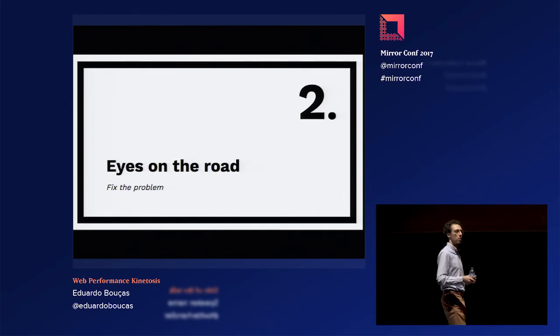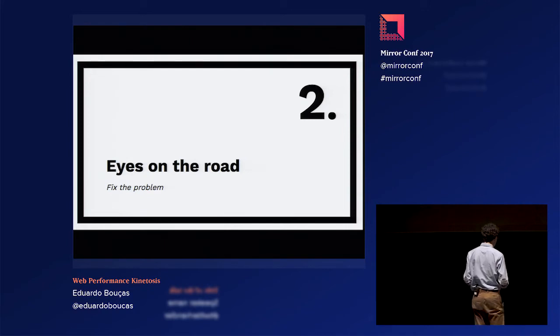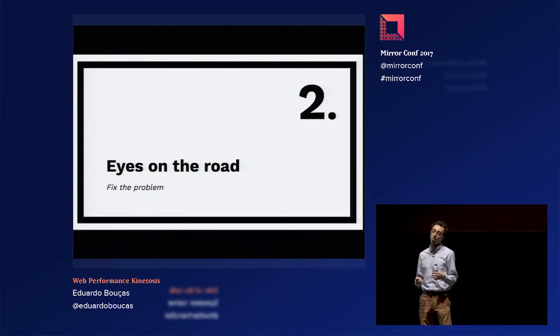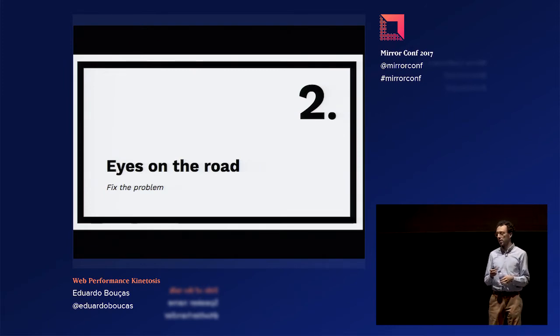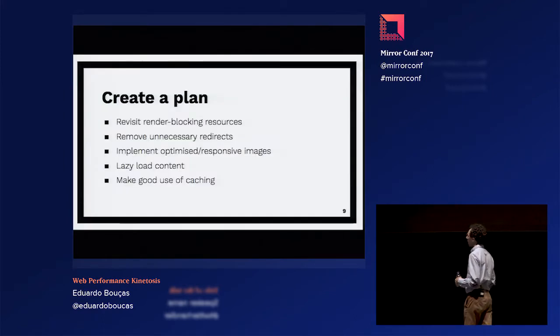Let's fix our issues with web performance. And there are no golden rules that you can apply that will magically solve all your problems. But there are some techniques and some approaches that you can try that usually yield good results. Some of these are quick wins, others are not so quick.